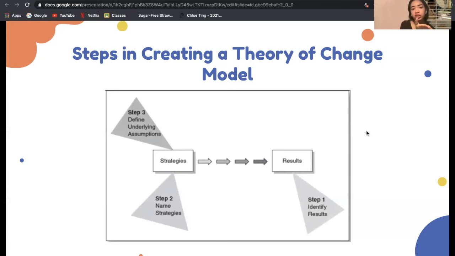Step three is defining underlying assumptions. Since we're researchers, and we want the result to be world peace, maybe, we have to assume something, because as humans, we are not free from assumptions. It's like saying the result will be successful if I do this, maybe.